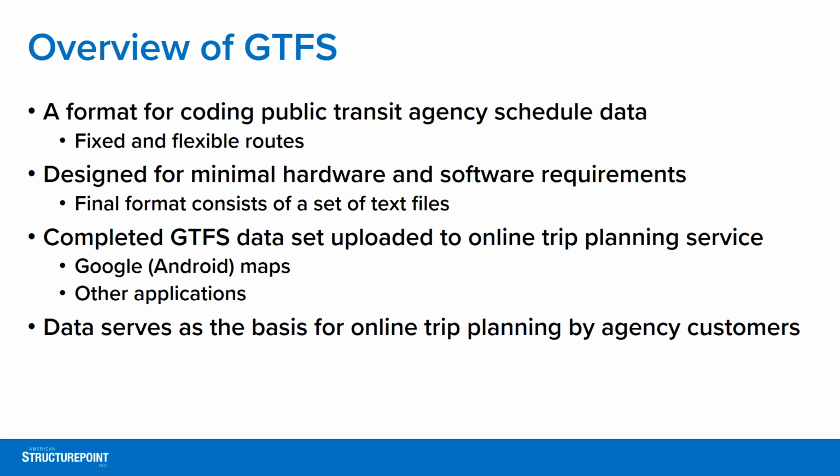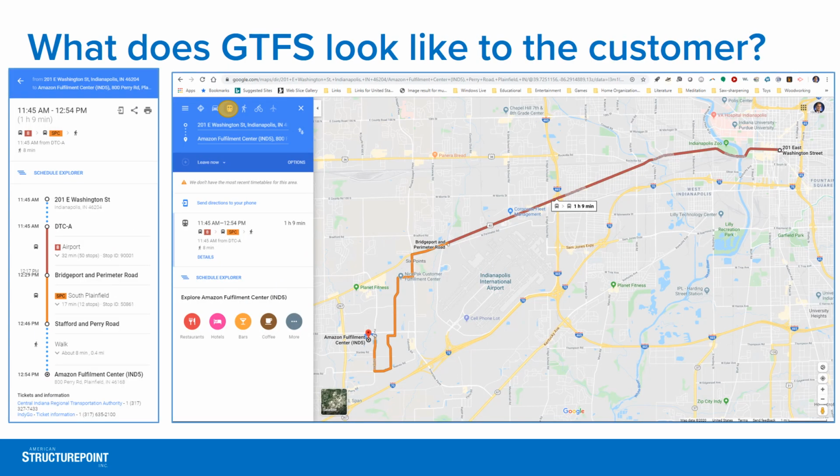Once the link between the application and the agency's data is complete, the application can apply the agency's data in a variety of customer queries. This slide shows what the data looks like in the Google Maps Trip Builder application.